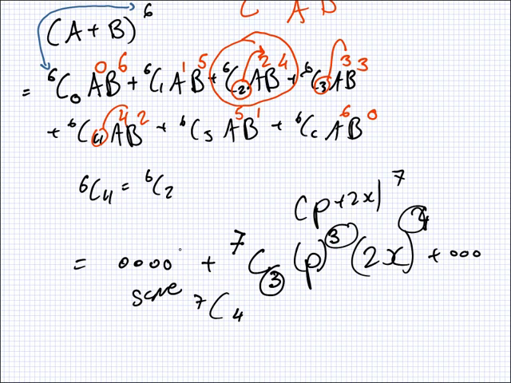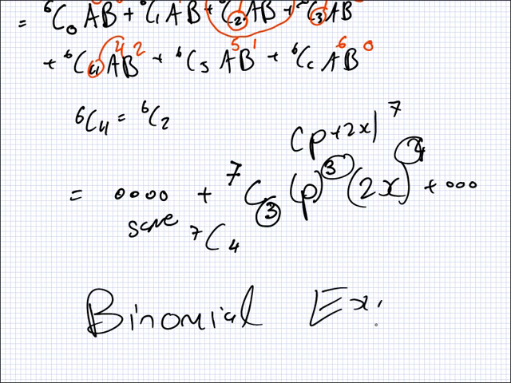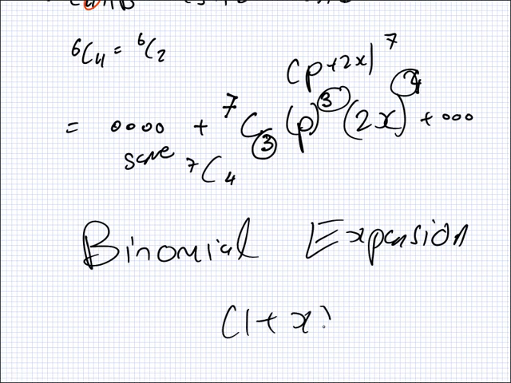You did this lesson in semester 1. Binomial expansion was the name of the lesson. No, Pascal's triangle was before this. But Pascal's triangle doesn't work when you have this.